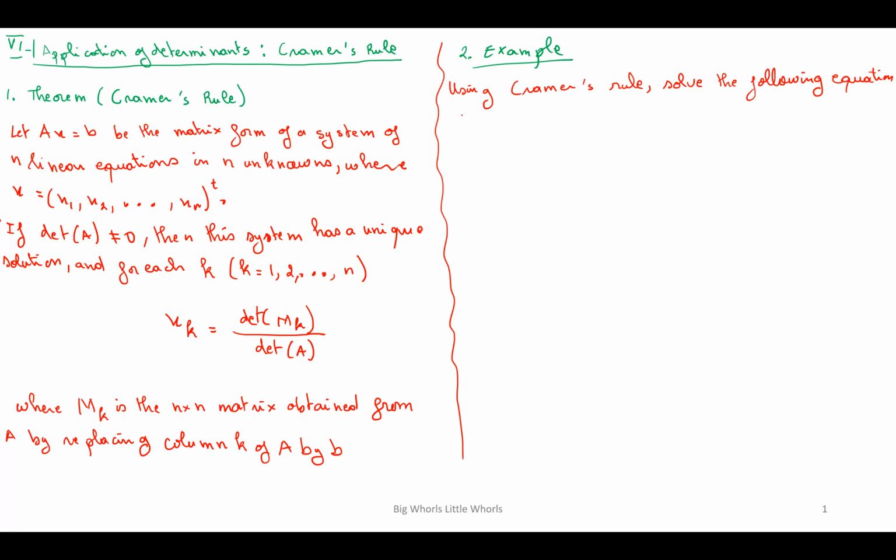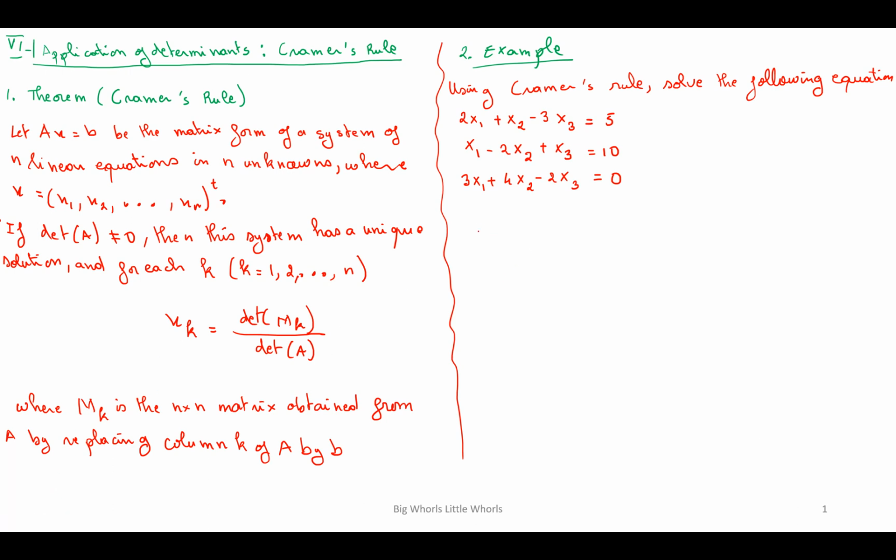We have 2x1 plus x2 minus 3x3 equals 5, and x1 minus 2x2 plus x3 equals 10, and 3x1 plus 4x2 minus 2x3 equals 0. So what does Cramer's rule tell us?